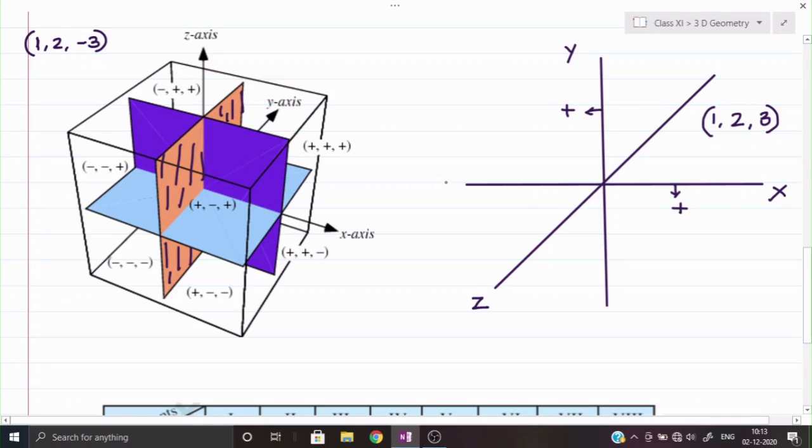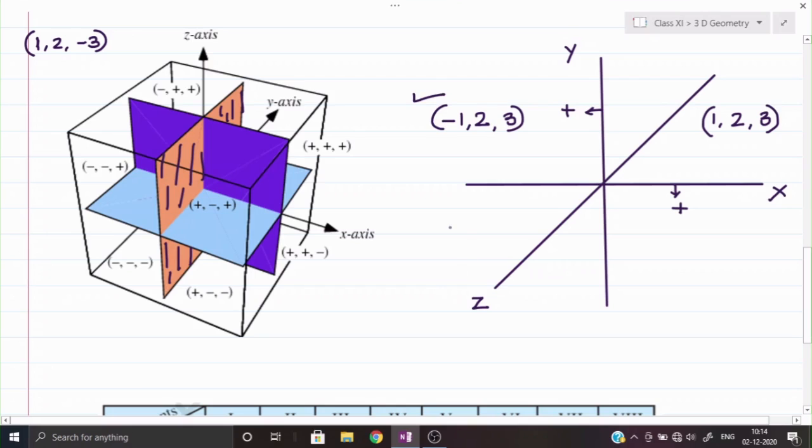Similarly, if I have the coordinate minus 1 comma 2, observe minus 1 comma 2 lies in the second quadrant according to the Cartesian plane. And if I talk about the positive z-axis, I mean the z-axis portion which is in the front. So suppose if I take here 3 is positive, then this will be the second octant we can see.